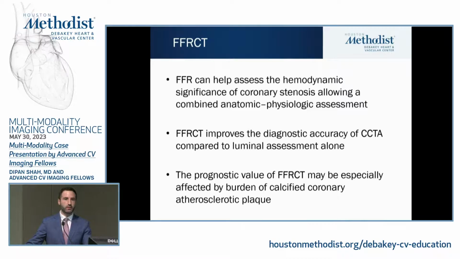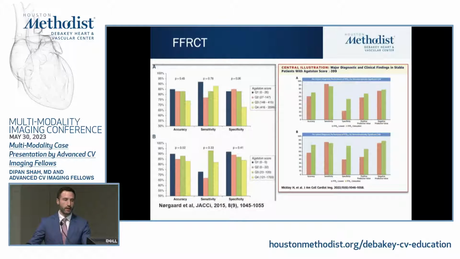FFR CT has been shown to correlate very well with invasive FFR and has been shown to improve the diagnostic accuracy of CCTA compared to luminal assessment alone. So it's an excellent test and does help us improve our certainty about diagnosis of obstructive disease. But the prognostic value of FFR CT may be affected by the burden of calcified coronary plaque.